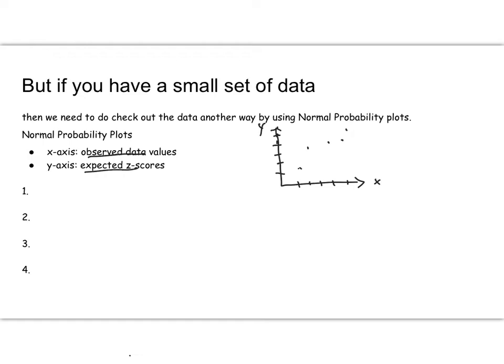So the steps for creating a normal probability plot are: first you need to rank your data. By rank your data, I mean you need to put it in order from smallest to largest.